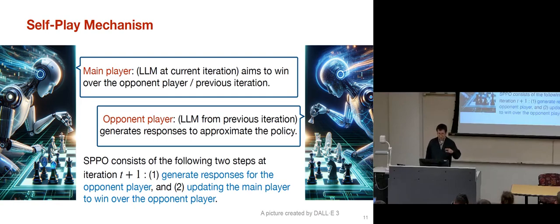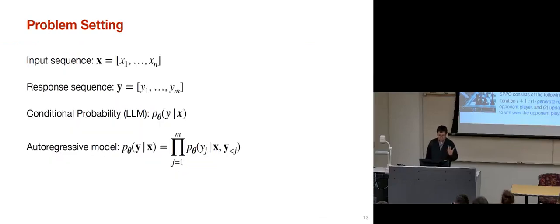This algorithm consists of two steps. One step is to generate responses from the opponent player, and the other step is to update the main player to win over the opponent player. In the remainder of this talk, I will show the mathematical derivation of this algorithm along with some experimental results. If you have any questions, feel free to stop me.